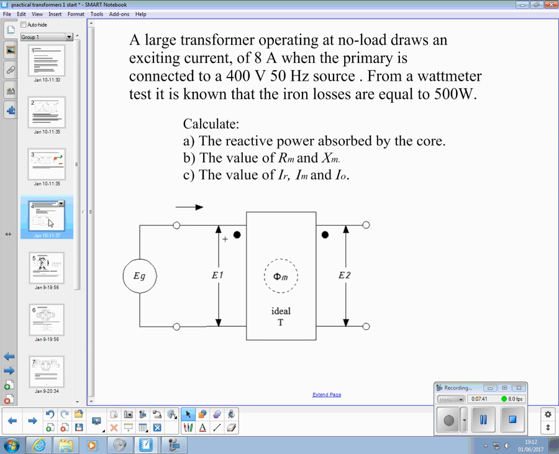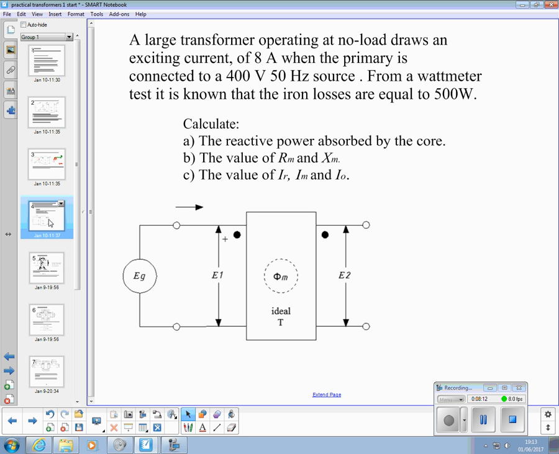So, we'll have a look at an example and how we can do some calculations. A large transformer operating at no load draws an exciting current, and that doesn't mean any exciting current, it means the current that excites the magnetic field, of 8 amps, and the primary is connected to a 400 volt 50 hertz source.